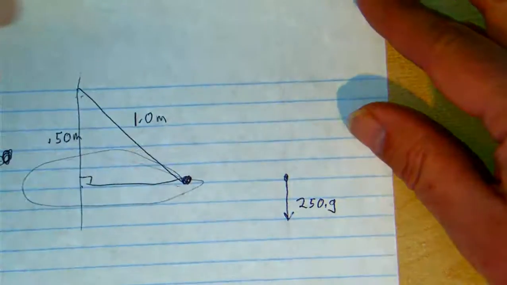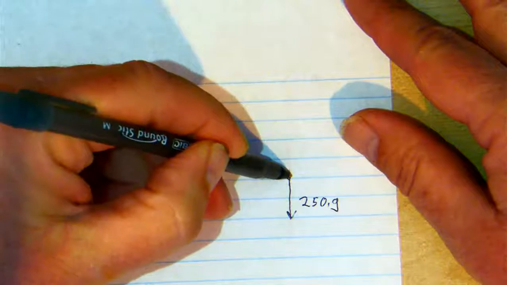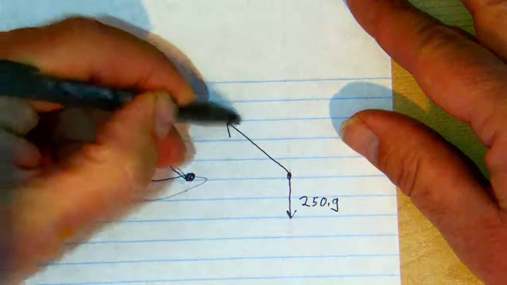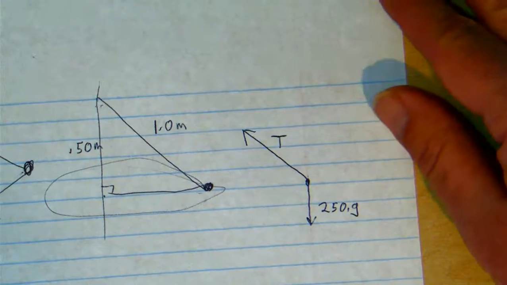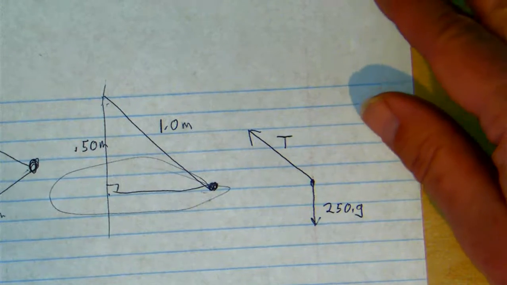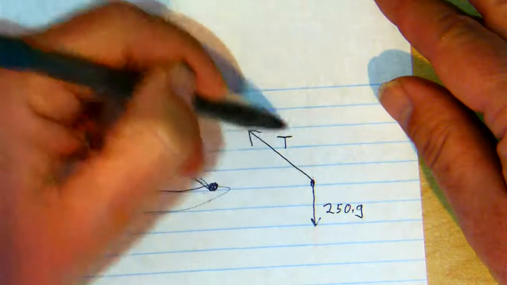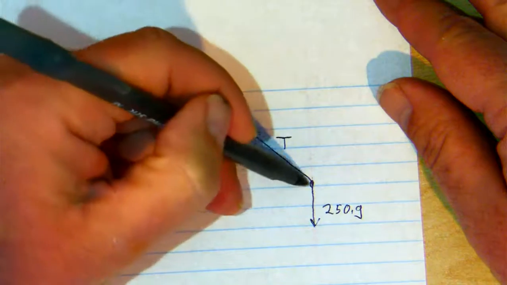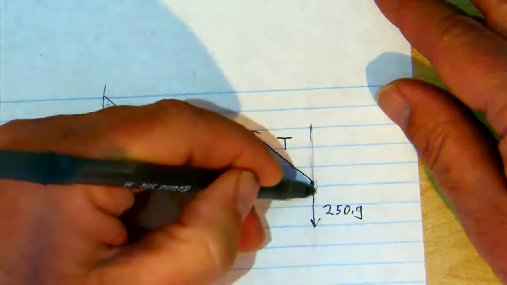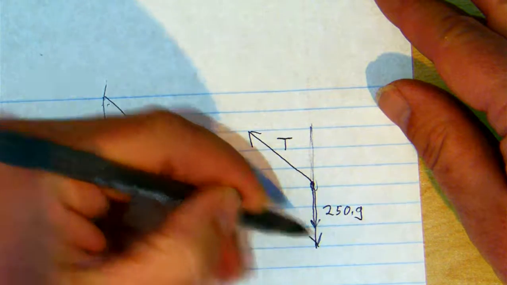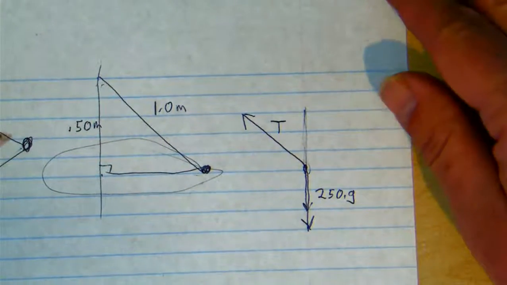Then there's the tension in the string, which is pulling up and to the center of the circle. And this is badly not to scale because the vertical component of the tension has to be equal to the weight downwards.